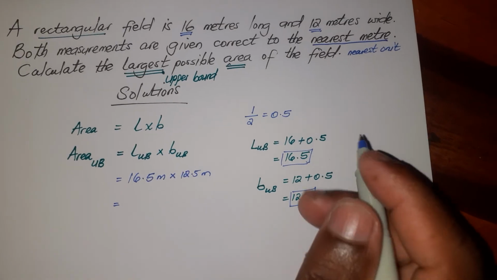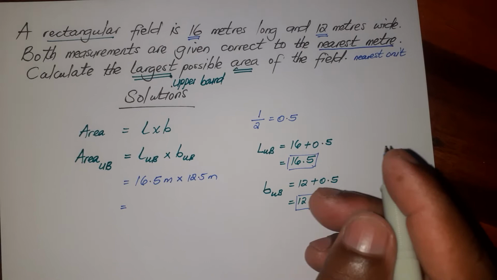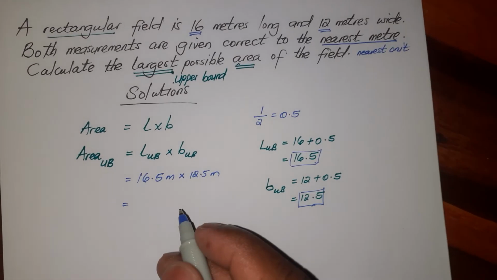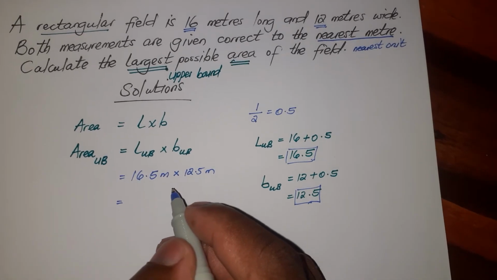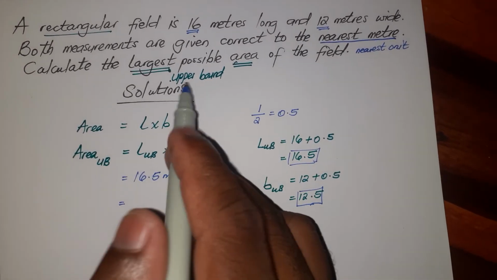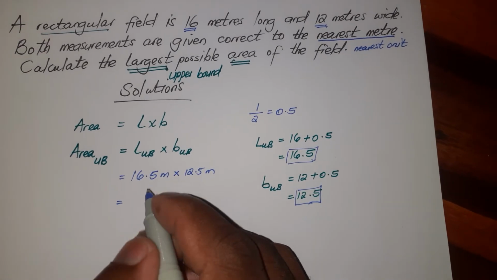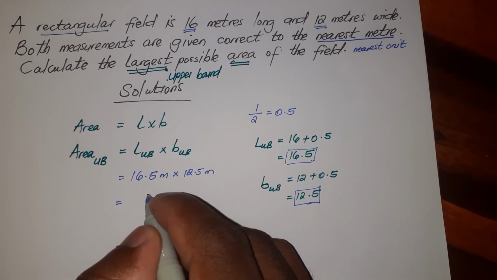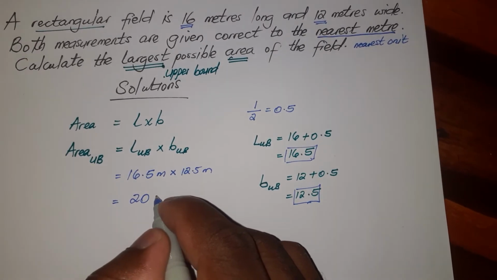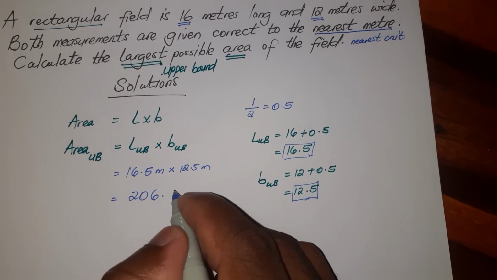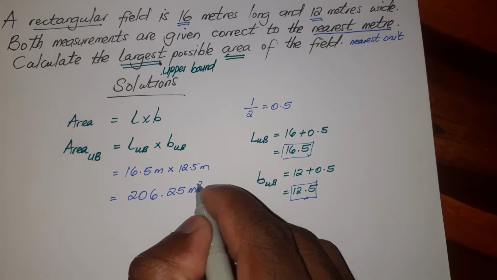Now when we multiply these two, we get 206.25 square meters.